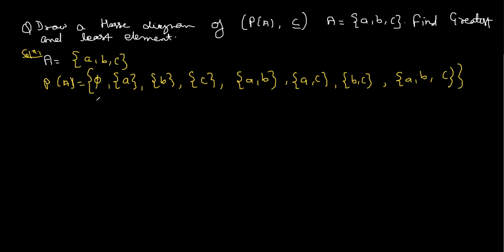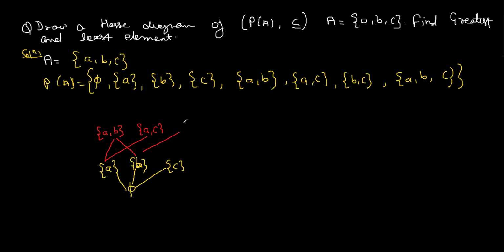Okay, now see. Phi is a subset of what? Every element, right? A, B, C, ABC. A is a subset of what? AB, AC, ABC, right? B is a subset of AB and BC, right?